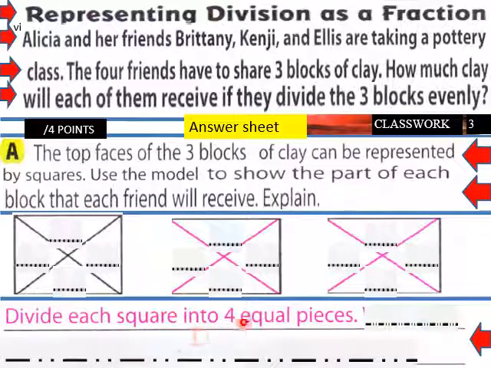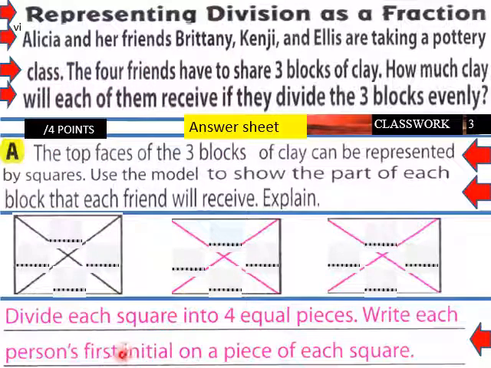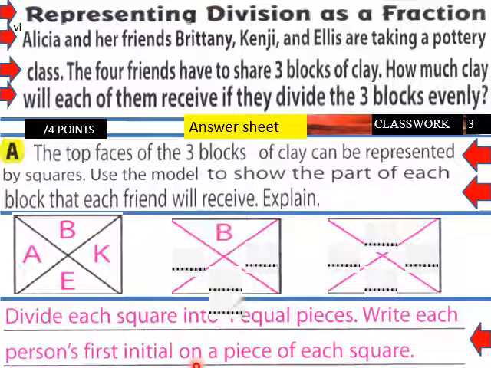Divide each square into 4 equal pieces. So you have 3 blocks that need to be split 4 ways. Write each person's first initial on a piece of each square. So B would be for Brittany, A would be for Alicia, K for Kenji, and E for Ellis.